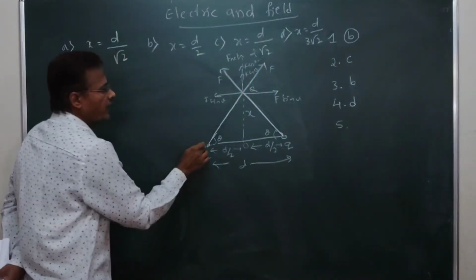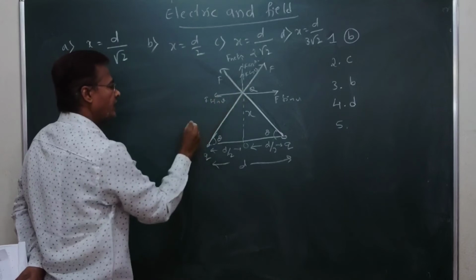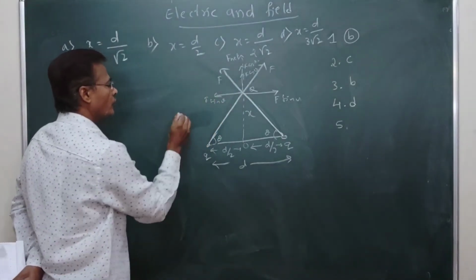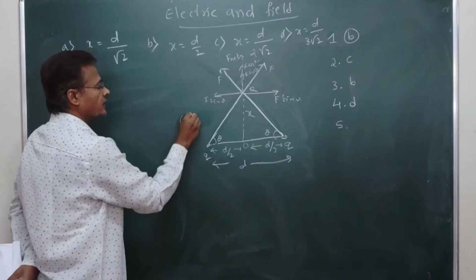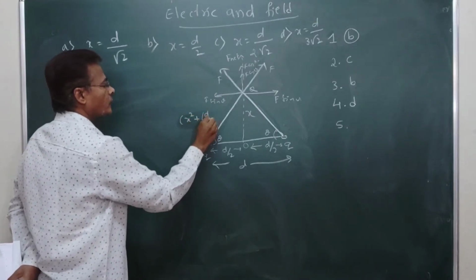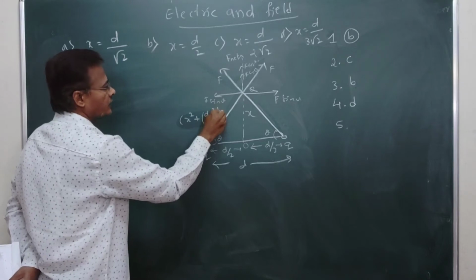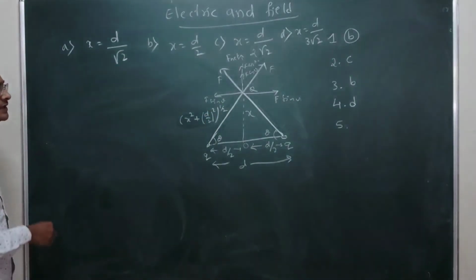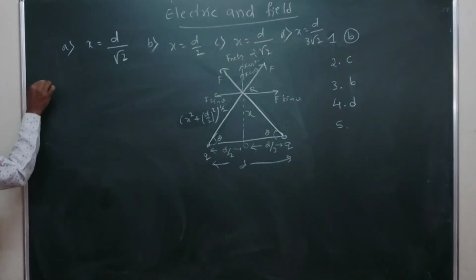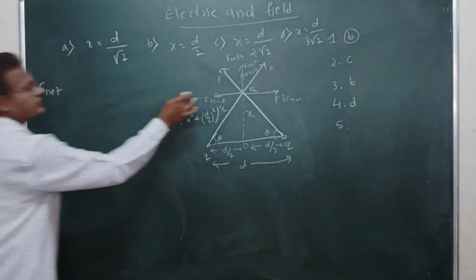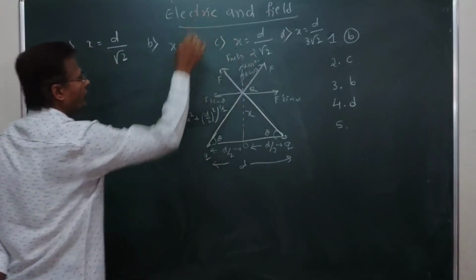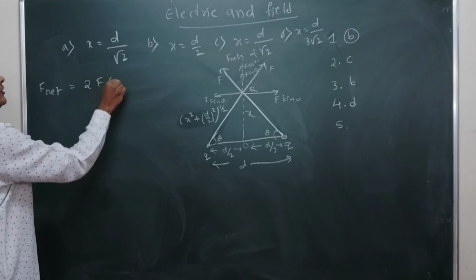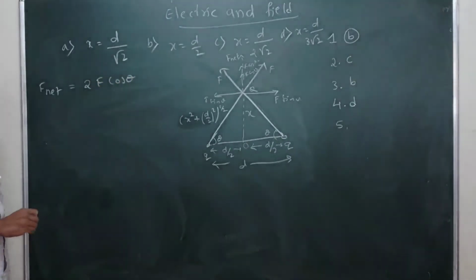Okay, so now the hypotenuse, from here to here, is the square root of x square plus d by 2 whole square, that is to the power of 1 by 2. Similarly, the other one is the same thing. So F net, the net force, equals, since the sine components cancel, only F cos theta plus F cos theta, which is 2F cos theta.